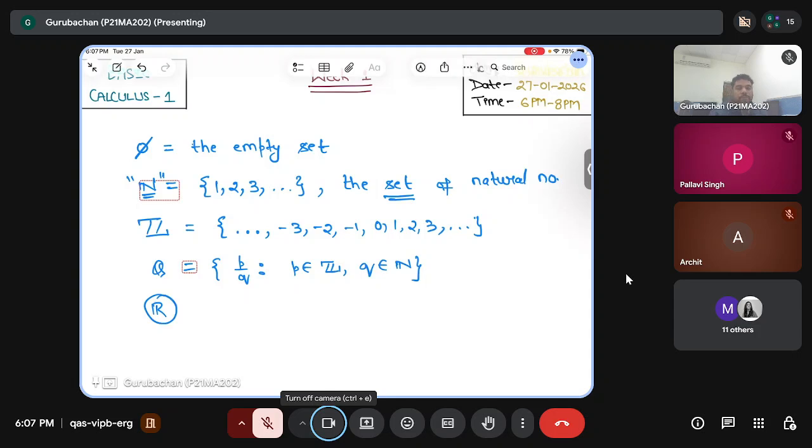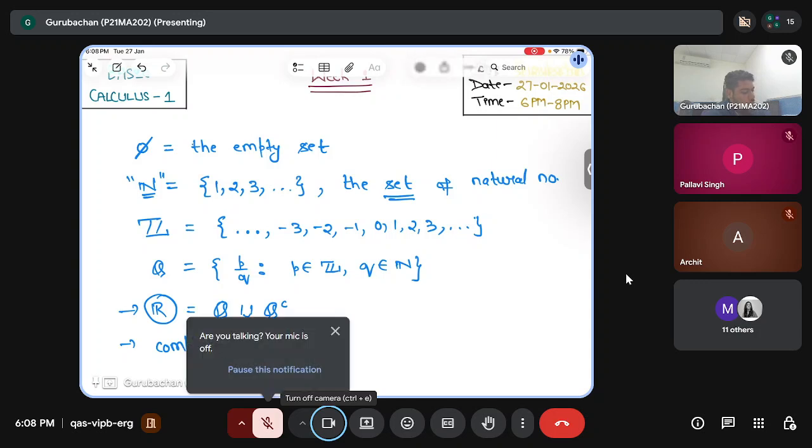And the real numbers, it is basically a collection of Q and Q complement. So in the class, you have followed that this real number can be defined in two ways. First with this, and second is the completeness property. So our focus here is the completeness property of R.